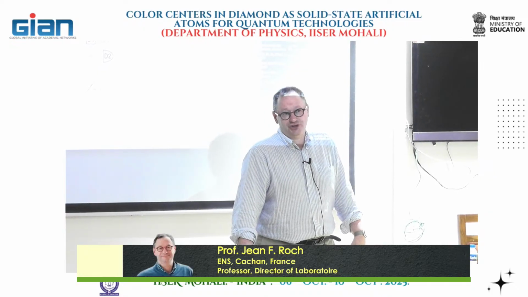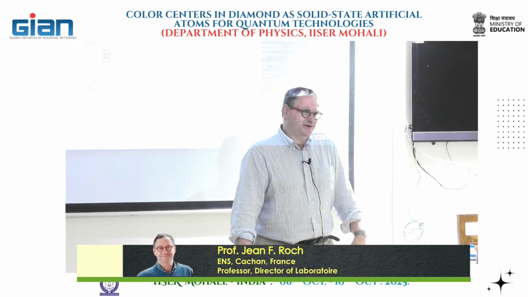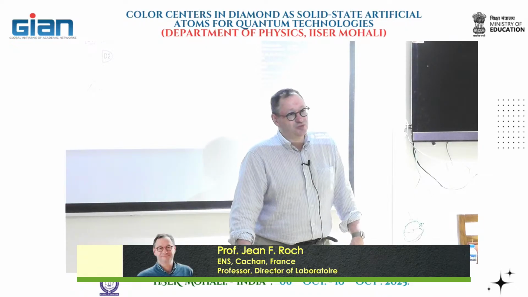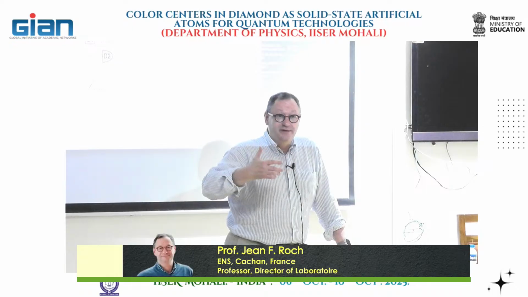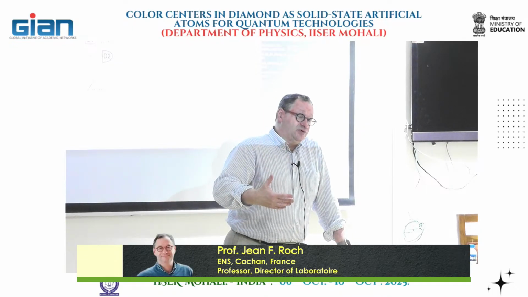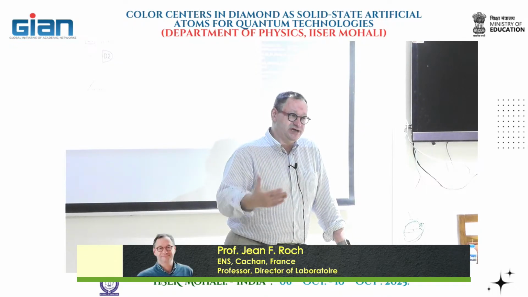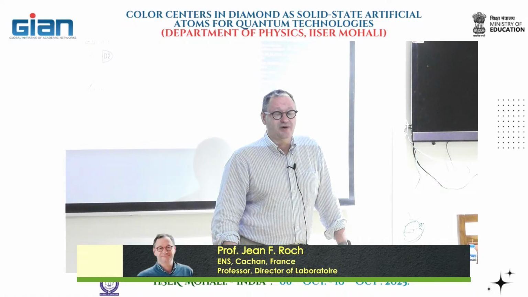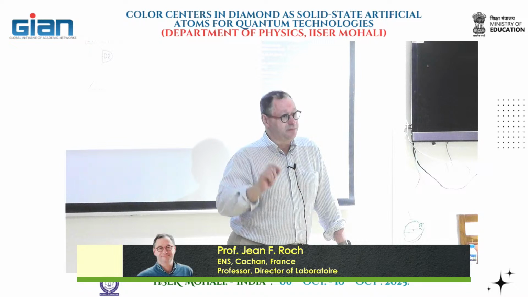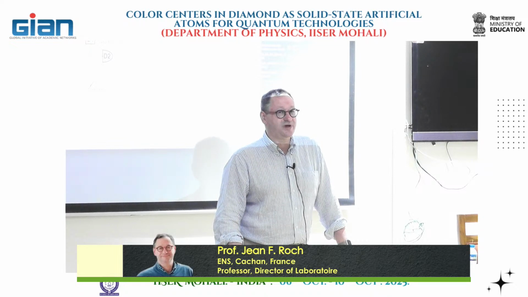You can do implantation. You can even do what's called deterministic implantation. That means you have an ion beam machine that can provide only one ion at a time. And there are two ways to do that.